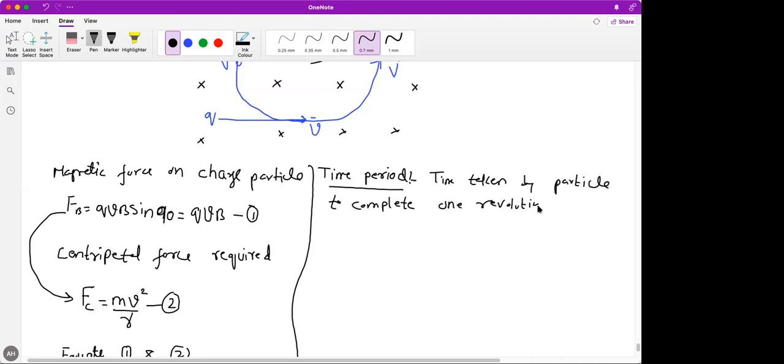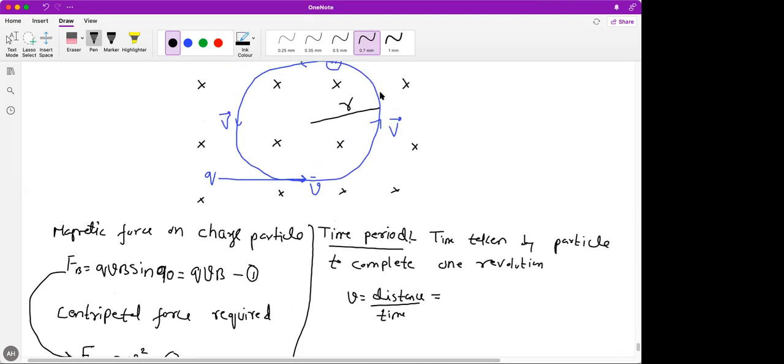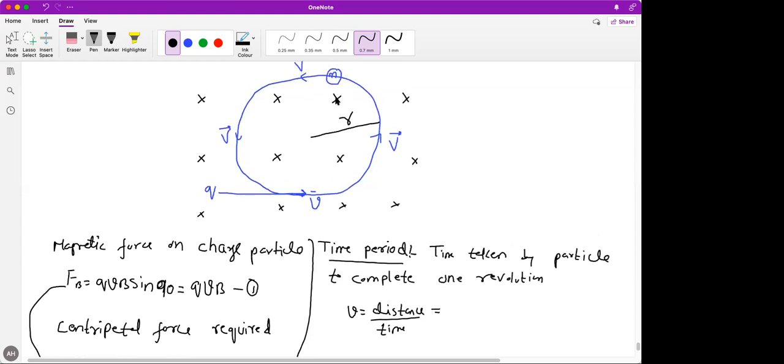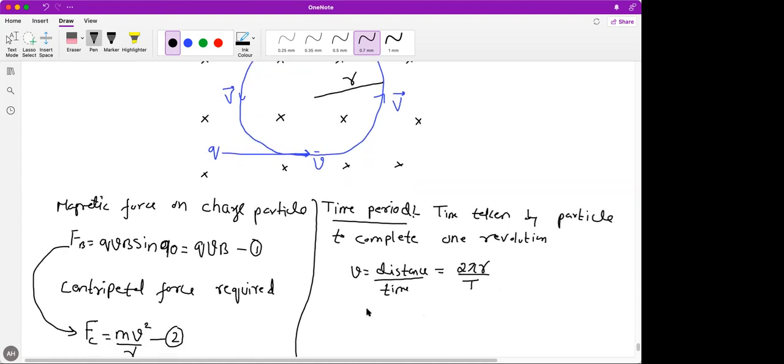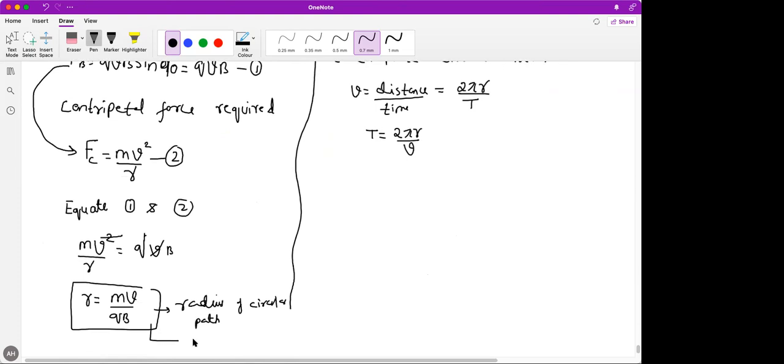So speed is distance upon time. So V is distance over time. Noor, in one complete revolution, how much distance will this particle cover? 2 pi R, and time is capital T. So we can calculate T from this equation: T is 2 pi R over V. Let's call this equation number 3.